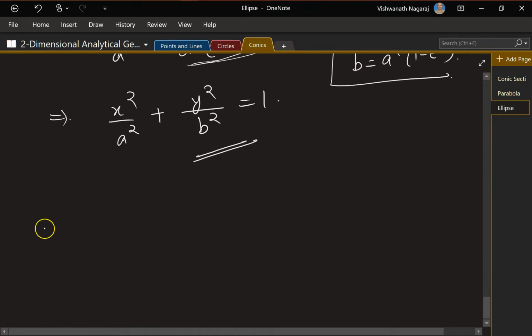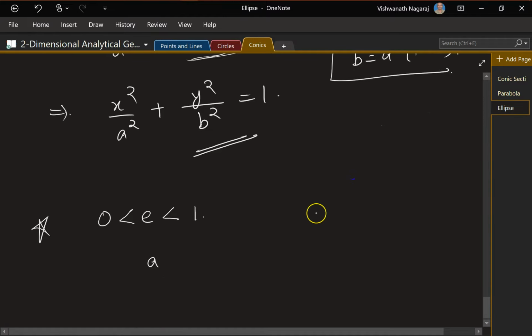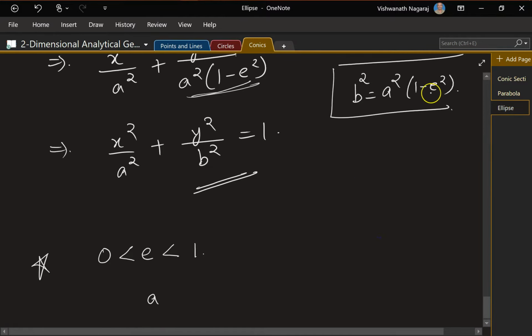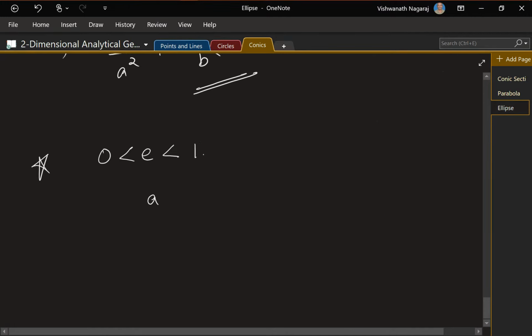Now there are important points, and one point is, since e is less than 1, it is between 0 and 1. Its square would also be less than 1. Look at this equation. E is less than 1 means that this is a positive number. 1 minus a number which is less than 1 gives you a positive fraction.